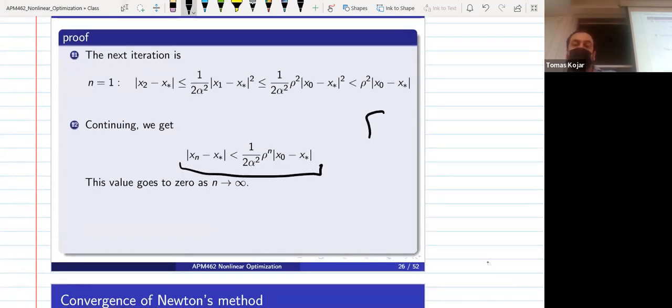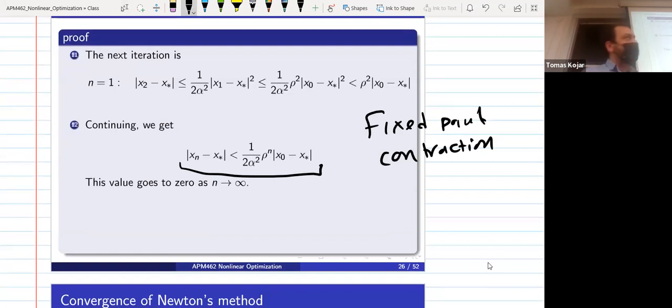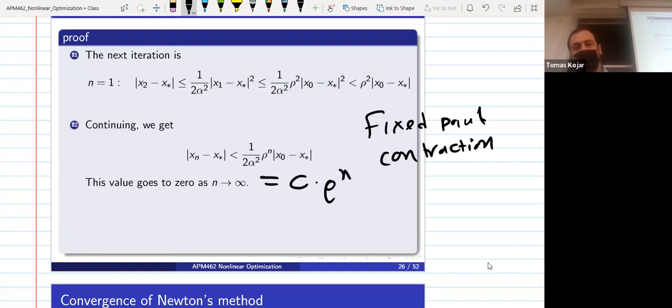And let me add a word here called fixed point and contraction. So you've probably seen this. So here we show that this sequence goes to 0. Why? Because this is of the form C rho n, where rho is less than 1.